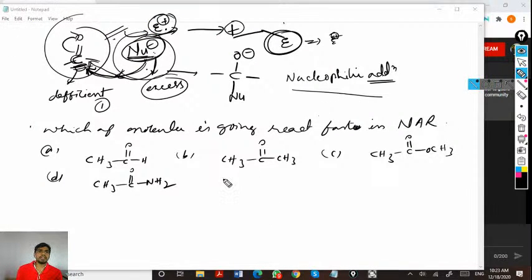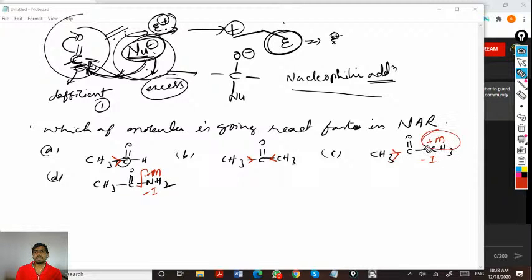Here the carbonyl carbon must be electron deficient. When a carbonyl carbon is attached to donating groups, it will be more supplied with electrons. When it is attached to minus I groups, it will be more withdrawing in nature. But if it has a plus M group, it increases the electron density.